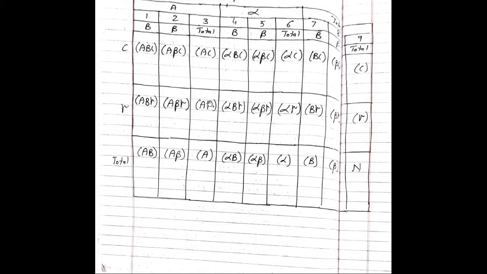So AC plus A gamma can be written as A. ABC plus A beta gamma, AB gamma can be written as AB. A beta C plus A beta gamma can be written as A beta, and AB plus A beta is nothing but A.